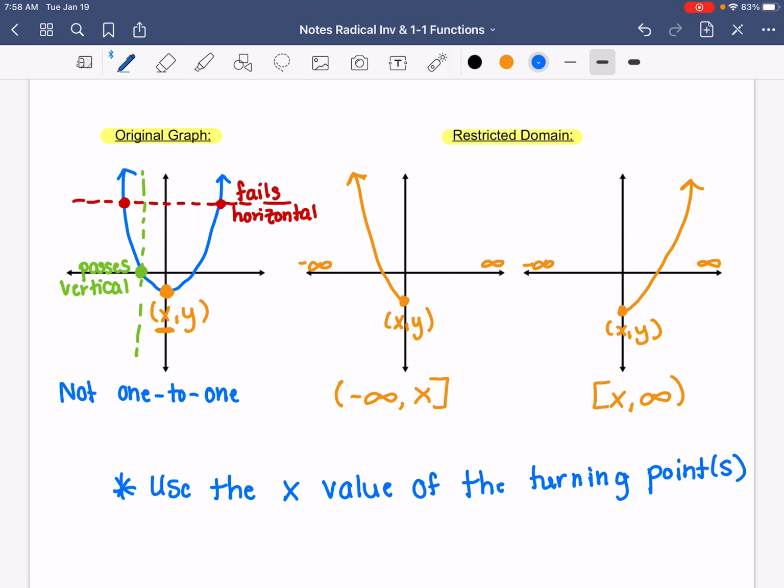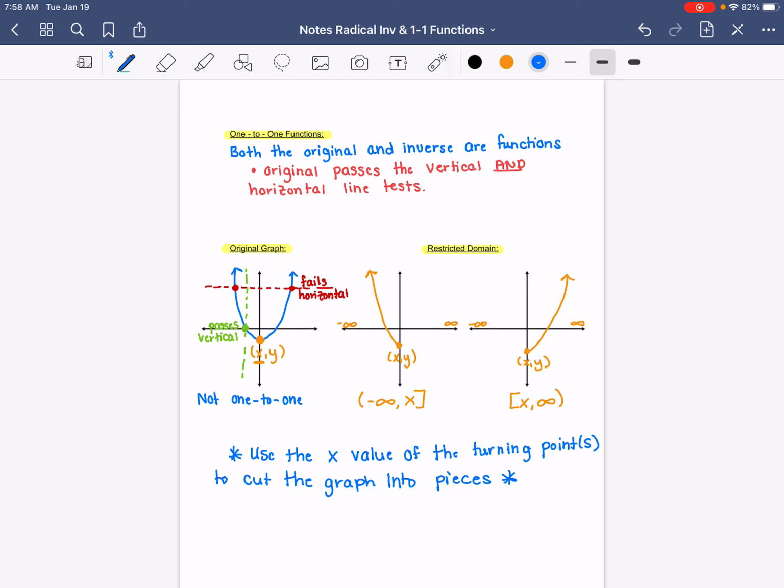Use the x value of the turning points and arrows towards infinity, or I'm just going to say to cut the graph into pieces, I guess. I'm going to show you another example of this. What you do is use the x value of the turning point or points to cut the graph into pieces.